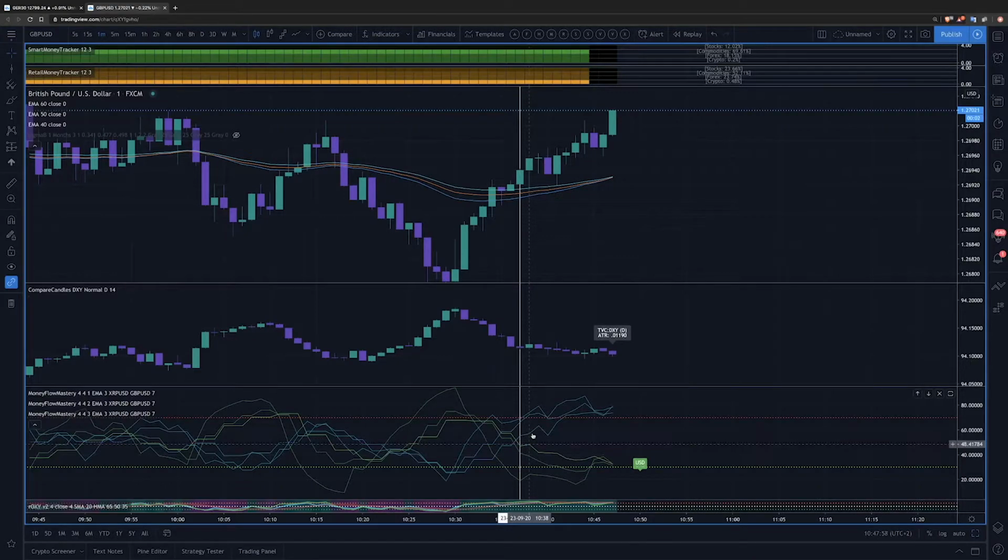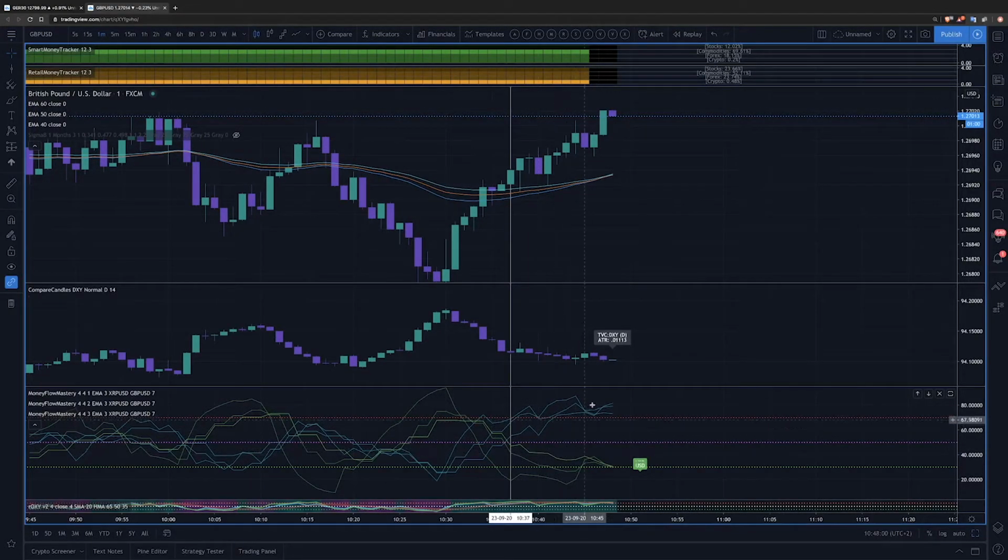We had a pullback here, and then this is our little run. That's going to come back and probably retest this level here. Trend line across. She could come back and retest that. Or she just might not.